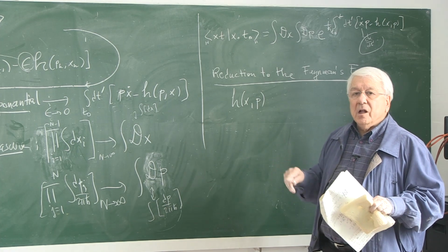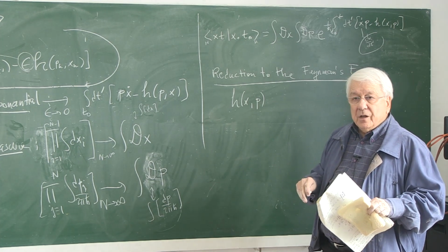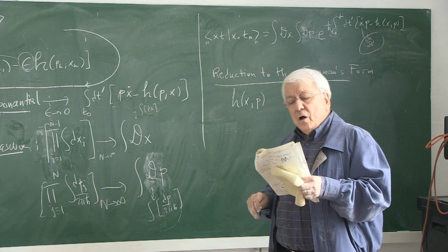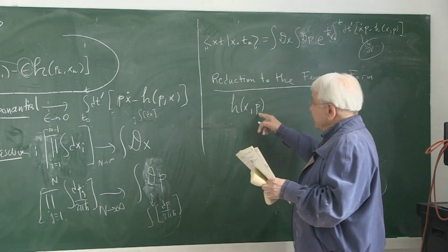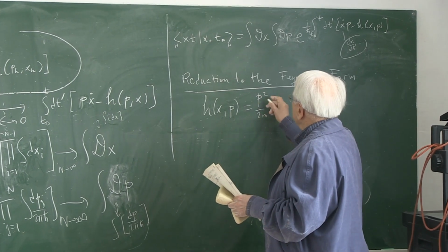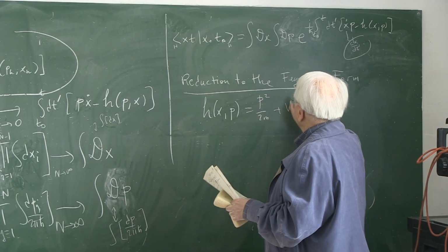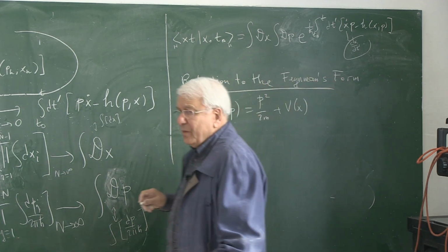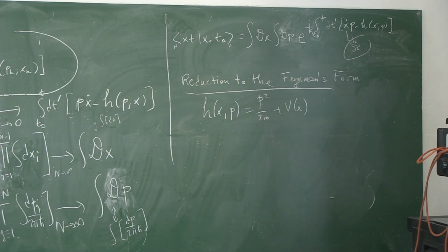The result is as general as possible, apart from that suppression of additional indices. This is not a special case. It is the most general case. So how do we proceed? When the form of the H is p squared over 2m plus V of x. What do I mean? I say that all the forces are generated by local potentials, which are functions of x, in the absence of velocity-dependent potentials.